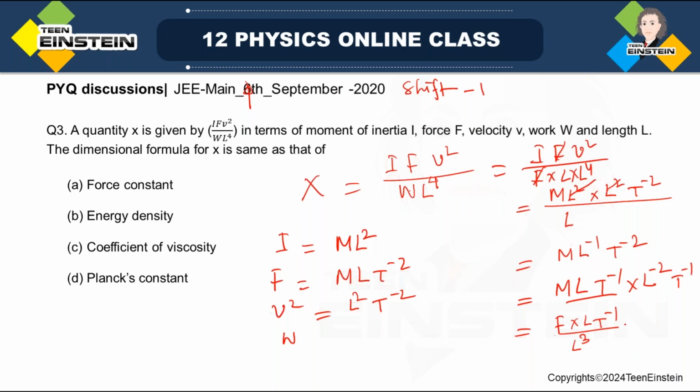So L to the power minus 1 is actually velocity. So force into velocity is power, right? Divided by this. So energy, so it is going towards energy density. Sorry, this is, see, I have L square. Okay, look, I'll do one thing here.